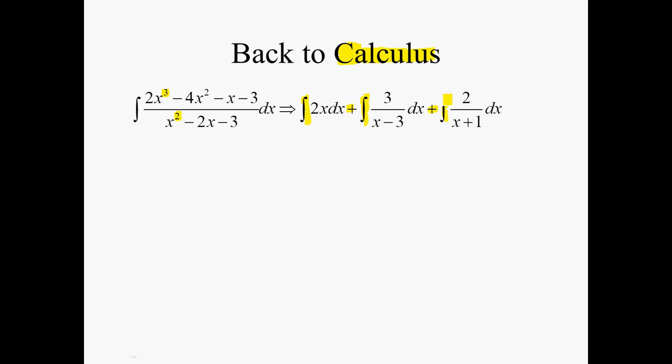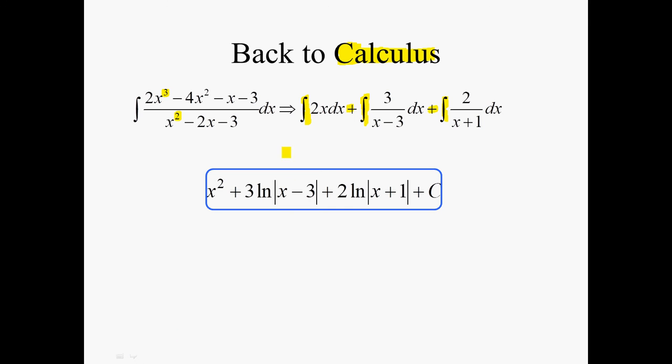Now remember this 3 and this 2, I will all osmosis out front. The antiderivative of 2x, of course, is just x squared over 2, and then this is the answer from example 1.